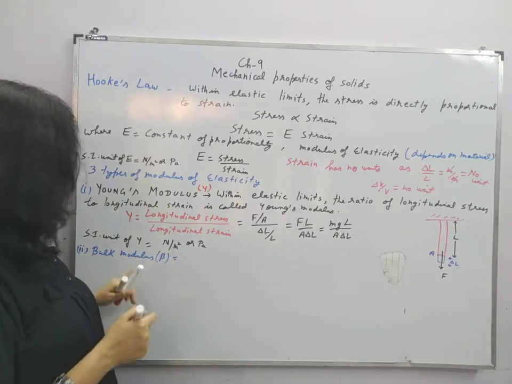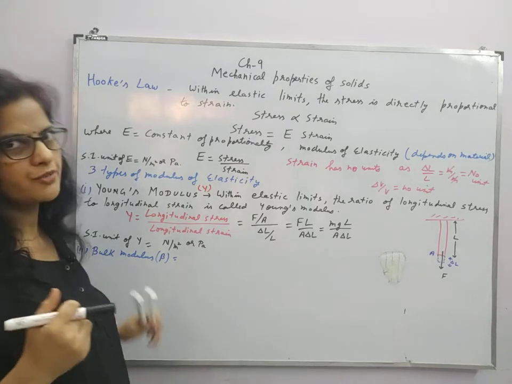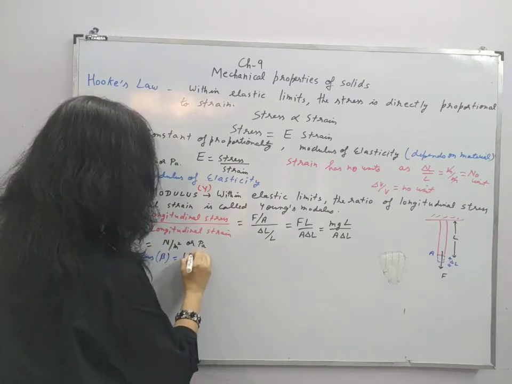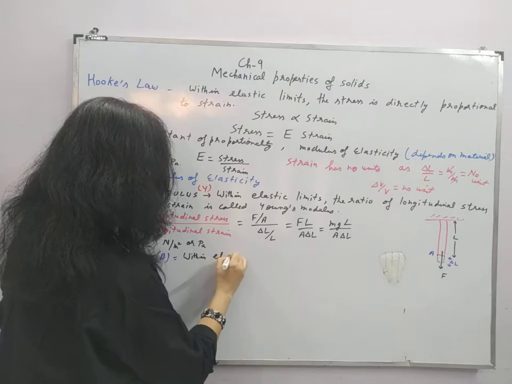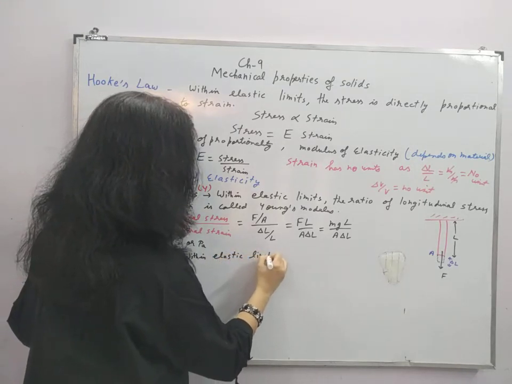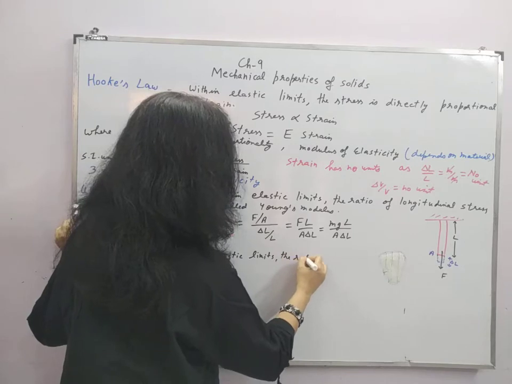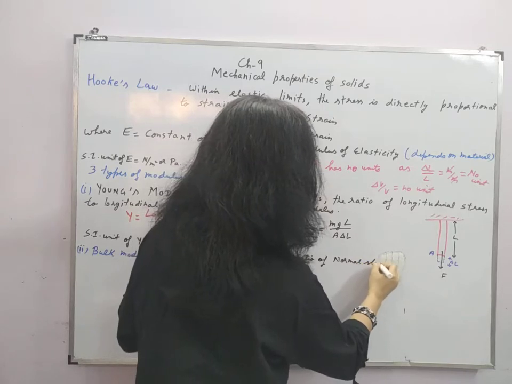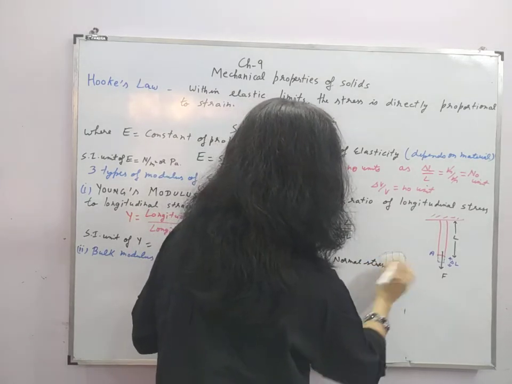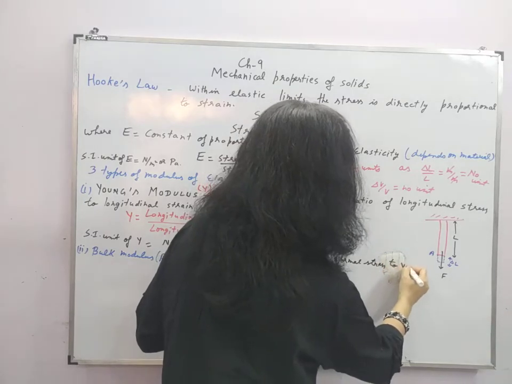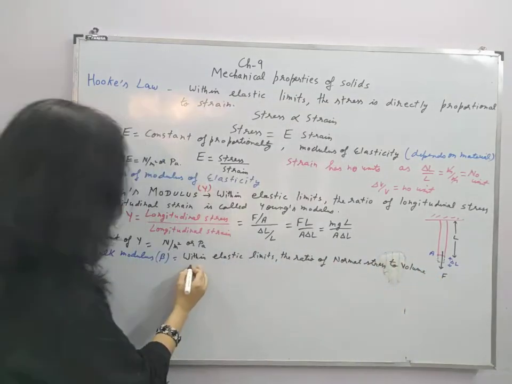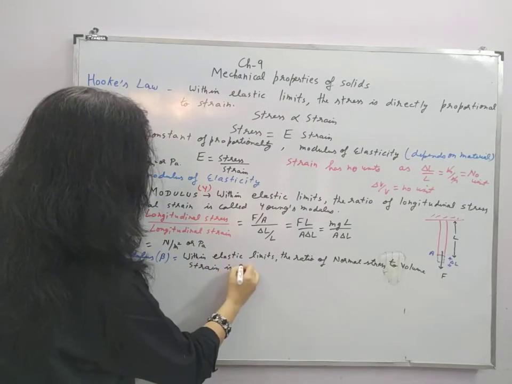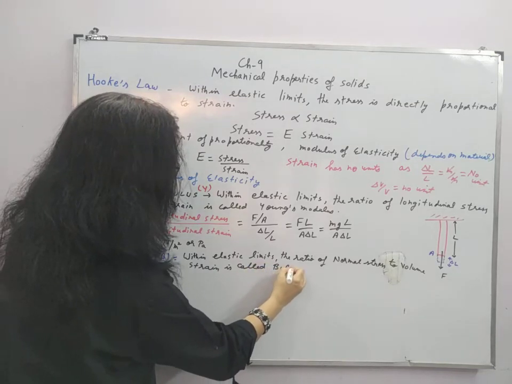So within elastic limits, the ratio of normal stress to volume strain is called bulk modulus.